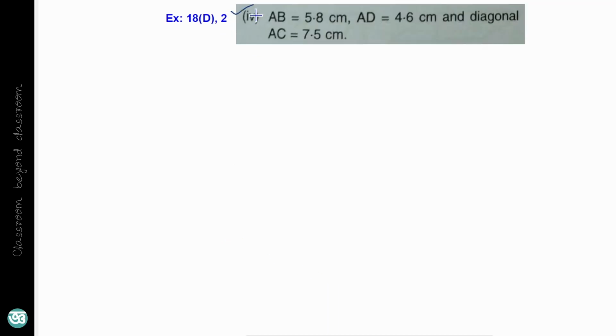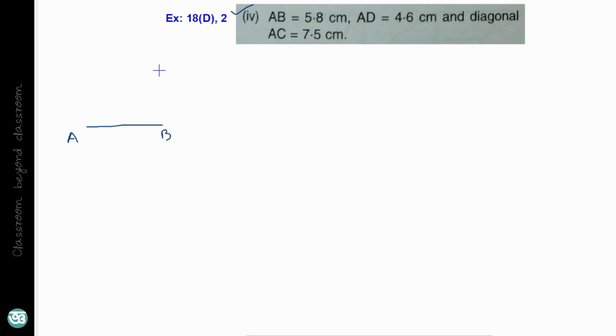Question number 2-4. AB is equal to 5.8 centimeter, AD 4.6 centimeter, and diagonal AC is 7.5 centimeter. So if I draw AB, the length is given. Then for BC, that is equal to AD.